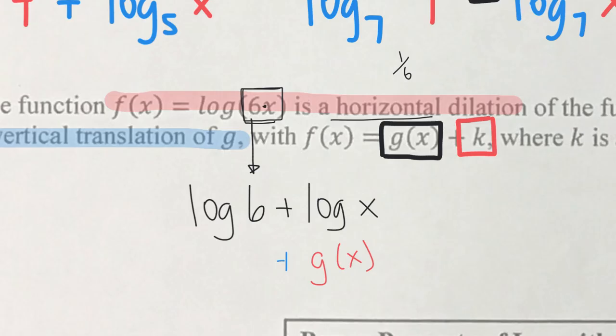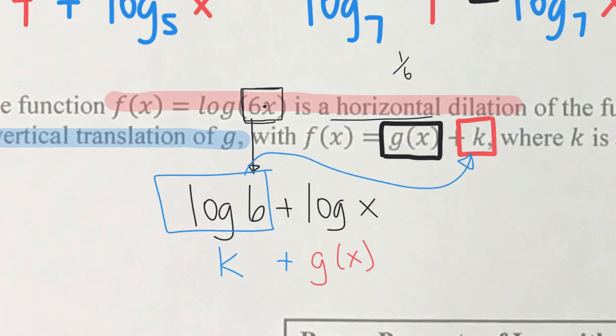And the log 6, this is a constant. So I know it doesn't look like a constant because we're not too familiar with logs and their decimal equivalents. But log 6 is a number. It's a number between 0 and 1. So this is, in fact, your constant that has been vertically shifted log 6 units. Whatever your calculator says that is, that's the vertical shift of your graph for log of x.